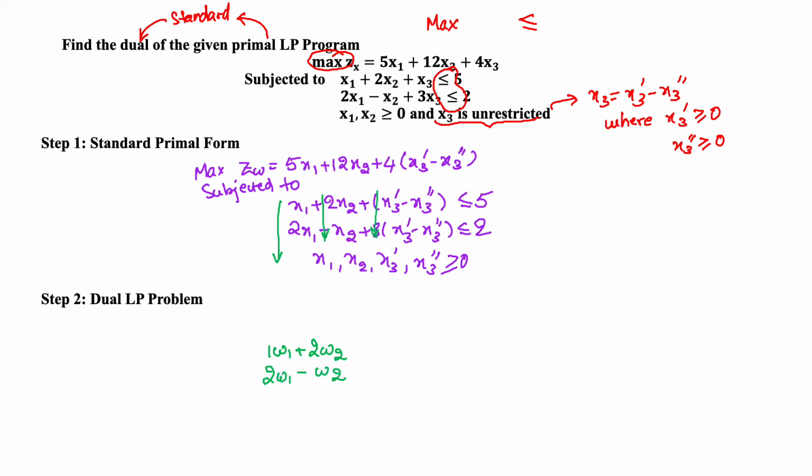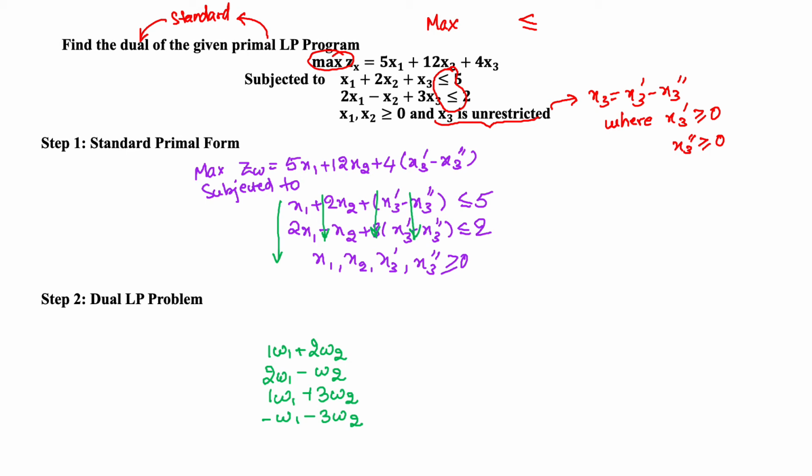Then third, it will be 1 w1 plus 3 w2. Okay. And likewise the last will be minus w1 minus 3 w2. So now the first step is done. I have transposed all the rows and columns of the coefficients of the constraints.